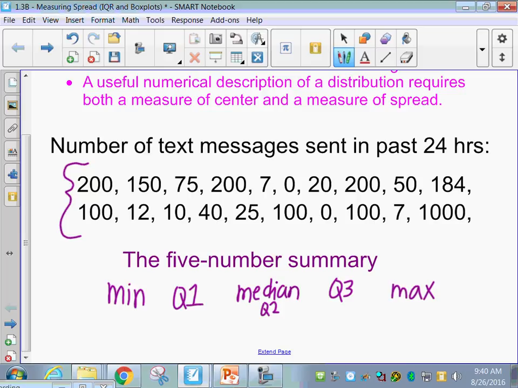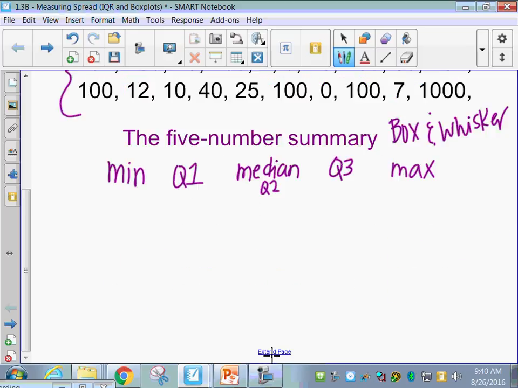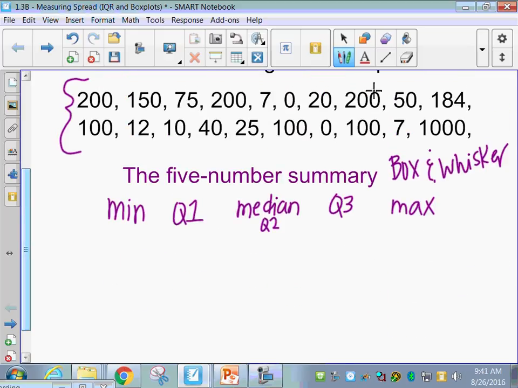And we display it with a box and whisker plot. In order to find all this information, what do I need to do with my data first? Yeah, we definitely need to put it in order. So let's go ahead and put this in order.